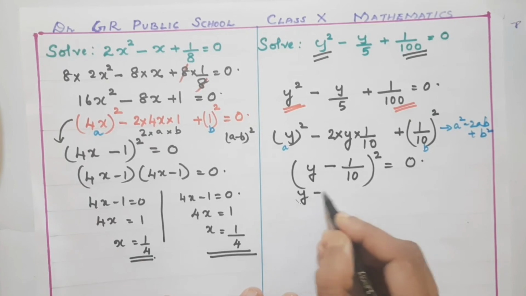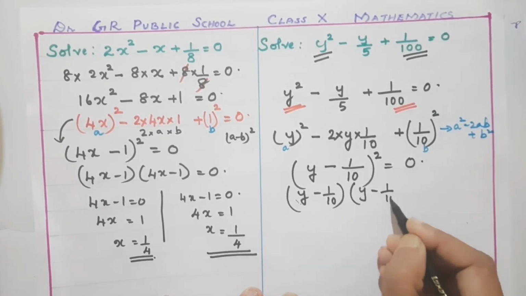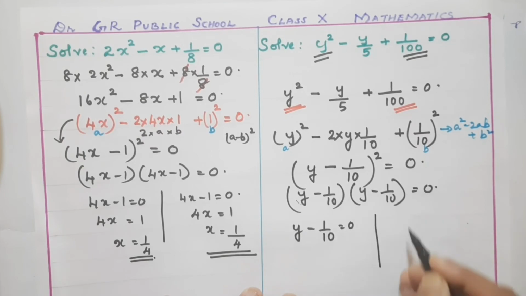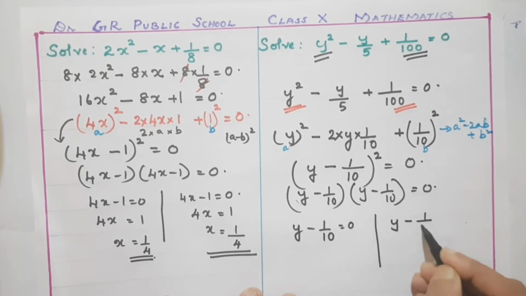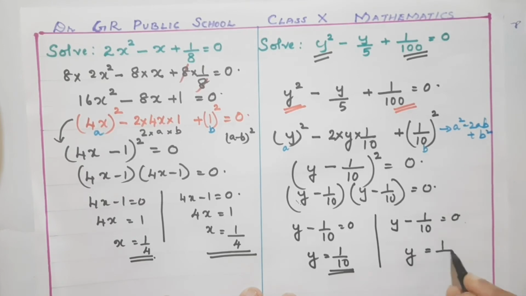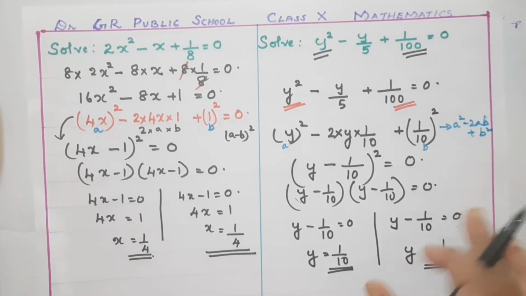So (y minus 1 by 10) into (y minus 1 by 10) equal to 0. y minus 1 by 10 equal to 0, another one also. So y equal to plus 1 by 10, and here also plus 1 by 10. So here the solution is 1 by 10 and 1 by 10. Same solution. Okay children.